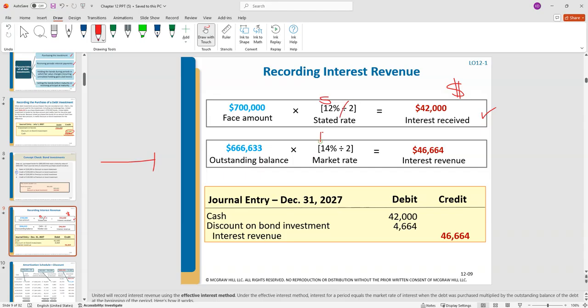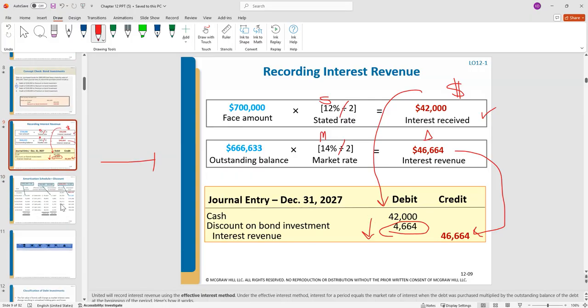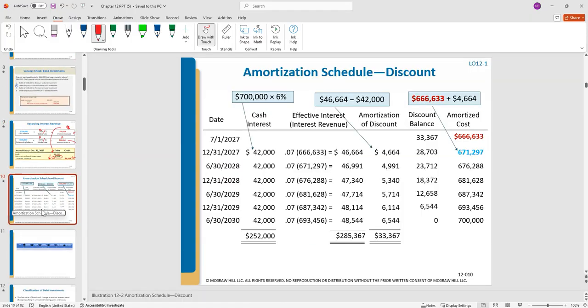And for the interest revenue, we will base it off the market rate, and because it's semi-annual, we'll divide by 2. Calculate those items. You can plug them in down here, and to the extent there is a difference between the interest received and the interest revenue, that is how we're going to start to wipe out that discount. So it's basically a little schedule there.